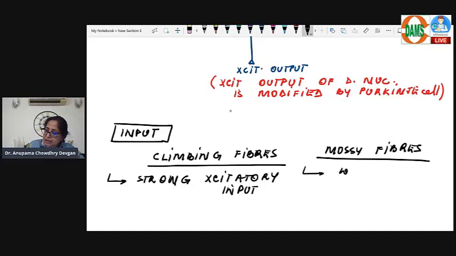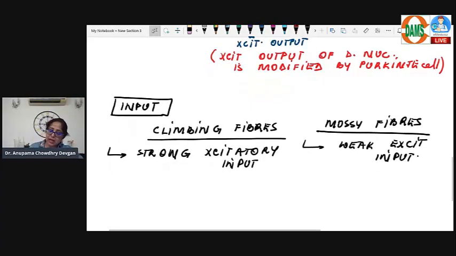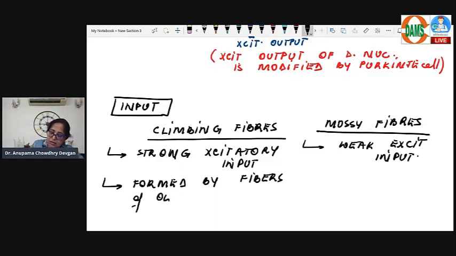Mossy fiber is a weak excitatory input. Climbing fiber is a strong excitatory input. Climbing fiber is formed by fibers of the olivocerebellar tract.